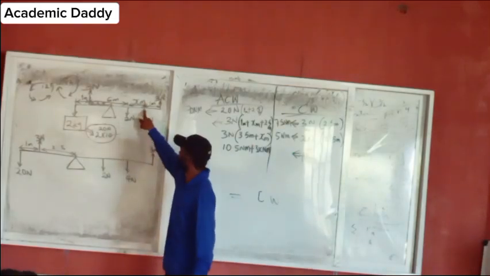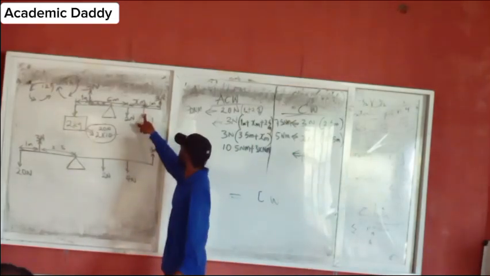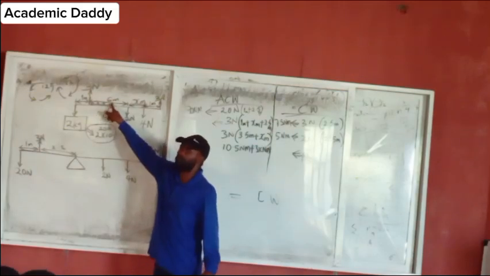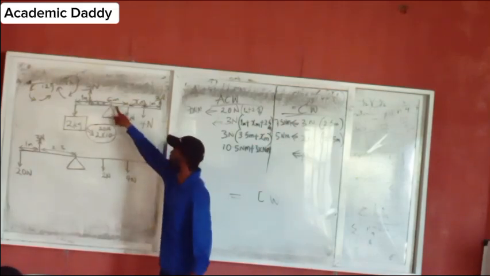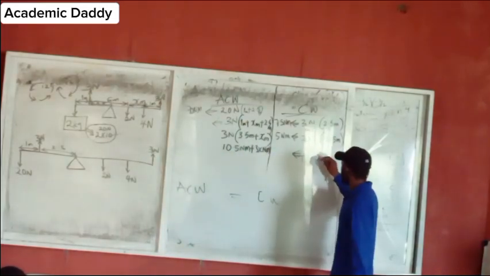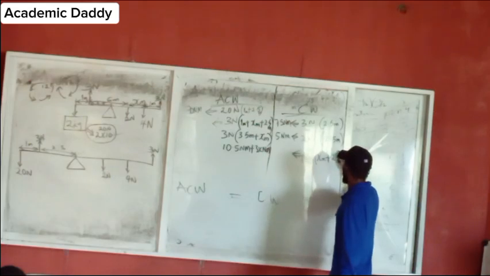So this is 4 Newton. From the 4 Newton to the center of gravity is going to be x meter plus 2.5 meter.